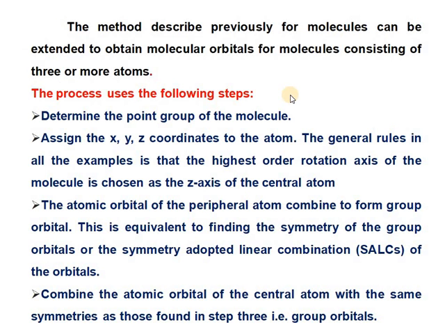Such a process can be described by using the extended method to obtain molecular orbitals for molecules using three or more atoms, but the process is the same. Such steps include: firstly, determine the point group of the molecule. Next step, assign x, y, z coordinates to the atoms.